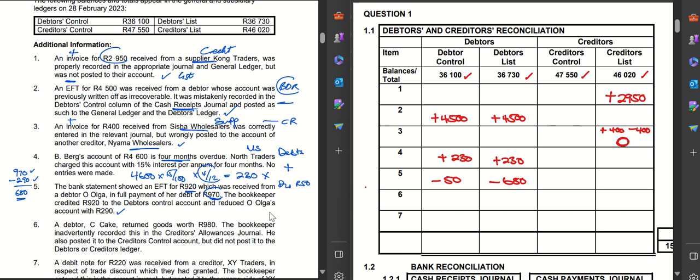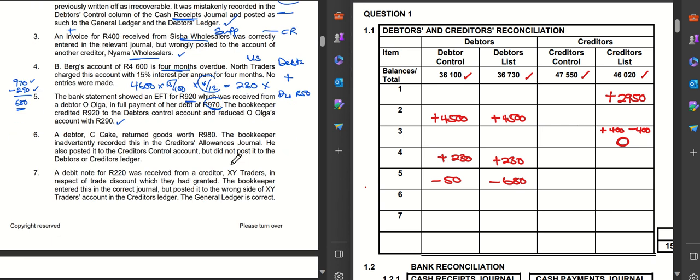All right. Let's go on to number 6. It says, a debtor, C Cake, returned goods worth 980. Okay, so we know we're in the debtors recon. The bookkeeper inadvertently recorded this in the creditors allowances journal. Ooh, so they're recording it in the wrong journals here.